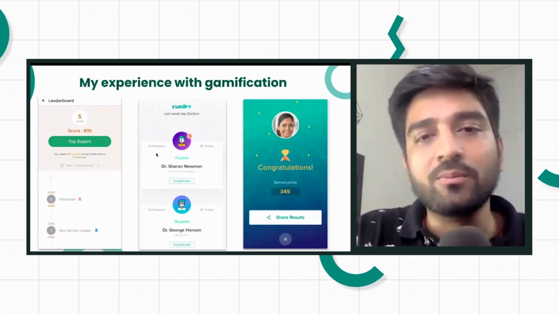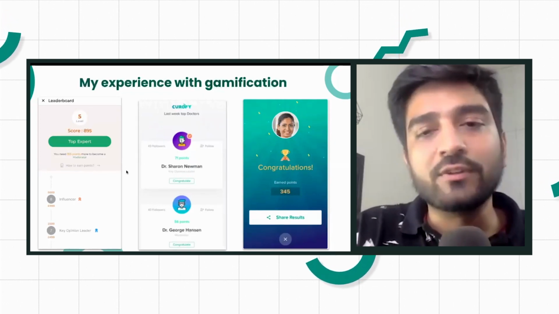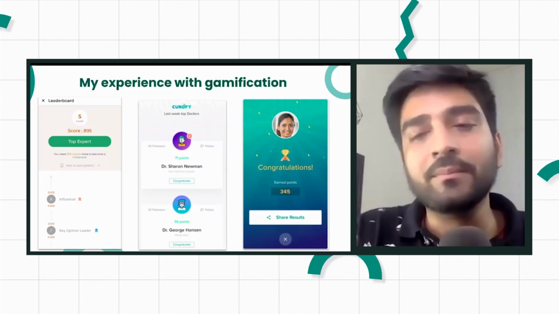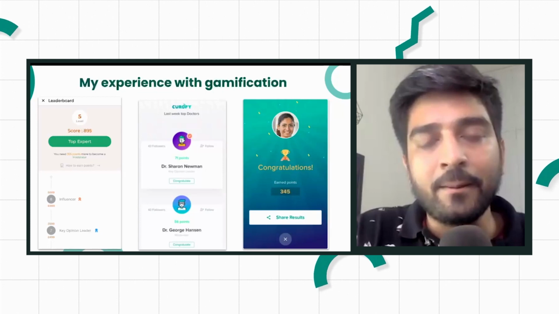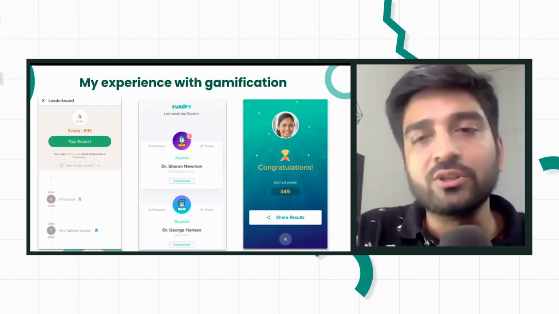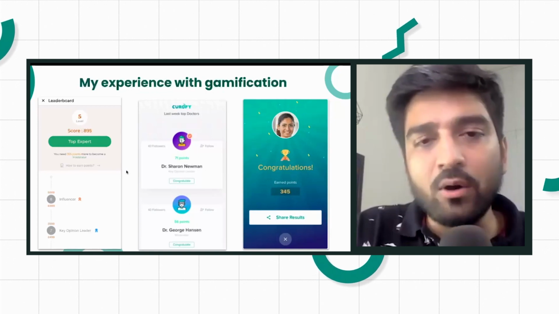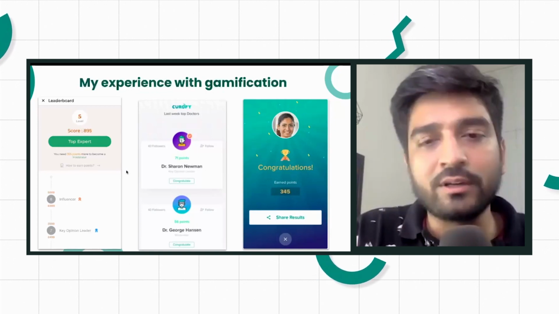For example, we would assign things like cardiologist of the month, and we would give that title, or a badge, along with the name, so that incentivized people to actually contribute regularly. So that's a bit about what we did at Curofy in terms of gamification for creating more engagement in the community.